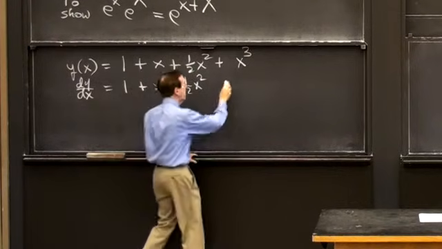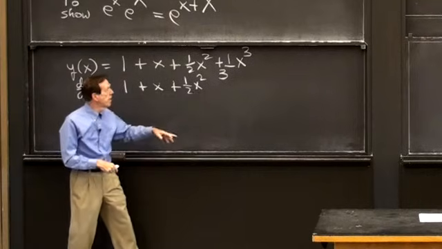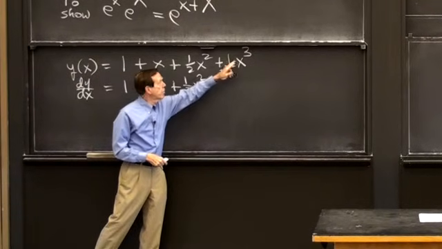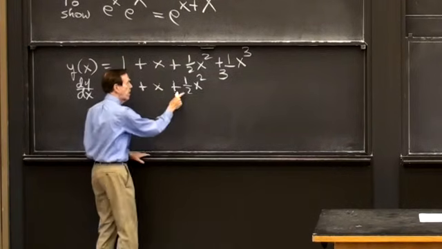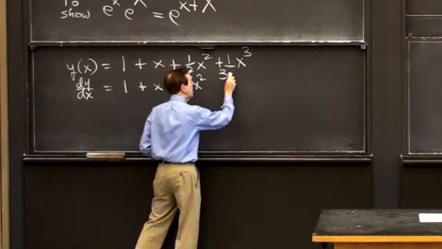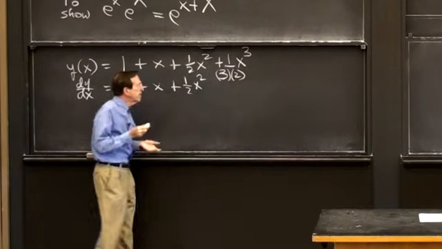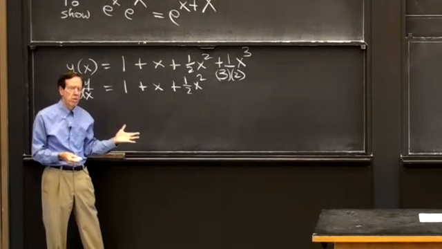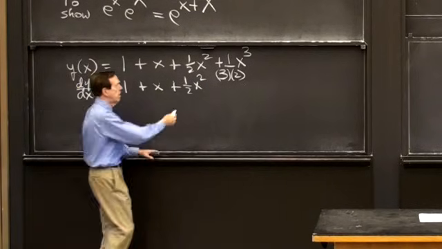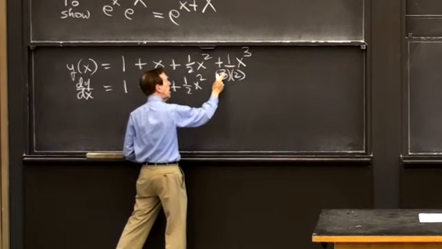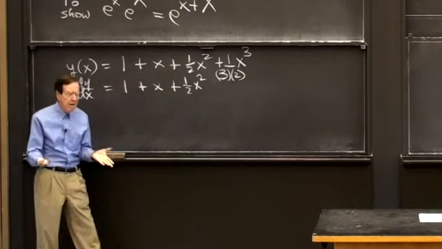So I had better divide by that 3, so that the 3 cancels the 3. Now the slope of that, the 3x squared, the 3's would cancel and I get x squared, but I'm looking for 1/2 x squared. I need also a 2. Do you see that it's 1/6 of x cubed that's going to do the job? 1/6 of x cubed. Because the slope, the 3 cancels the 3, and I wanted to end up with a 2.